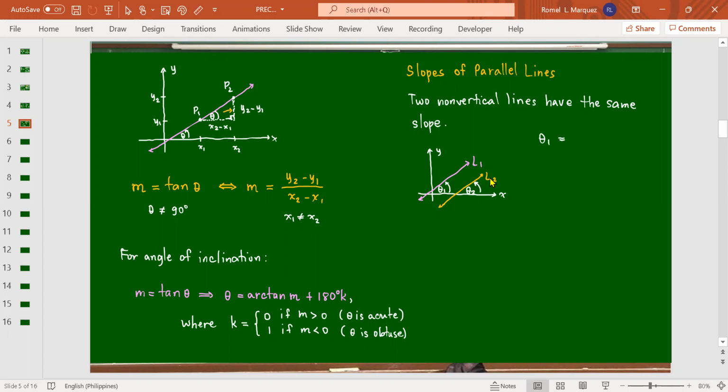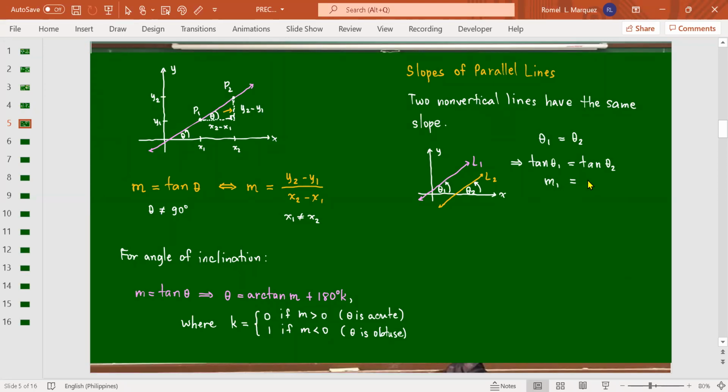The x-axis acts as the transversal intersecting the parallel lines, and corresponding angles are equal. If we take the tangent of each side, we have tangent of theta sub 1 equals tangent of theta sub 2. But we define the tangent of the angle of inclination as the slope.